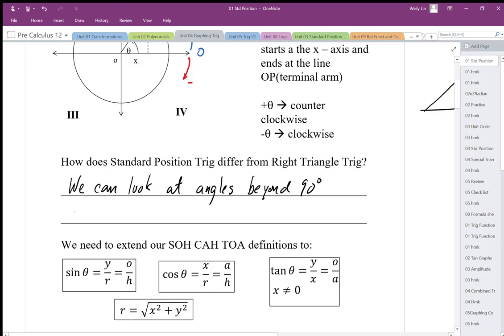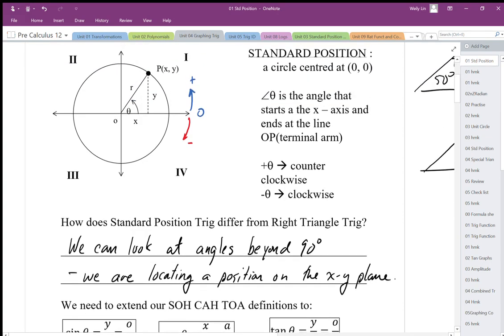And more importantly, we are locating a position in the XY plane. Okay, so essentially we're trying to find out how to find that point on the circle.